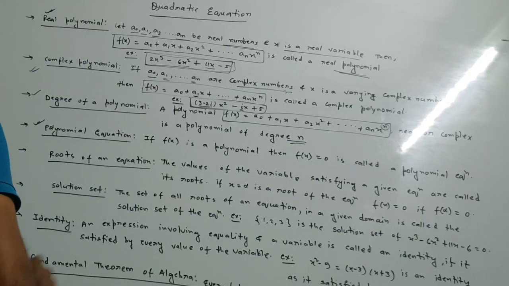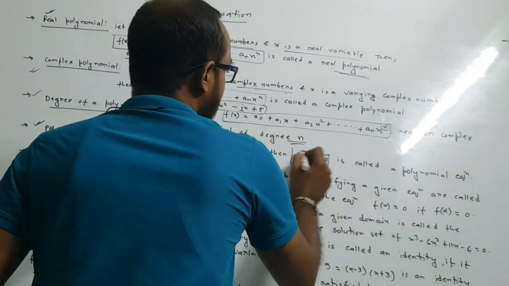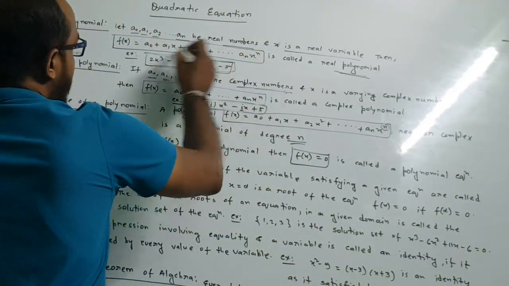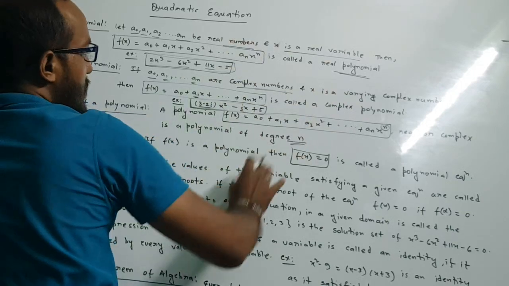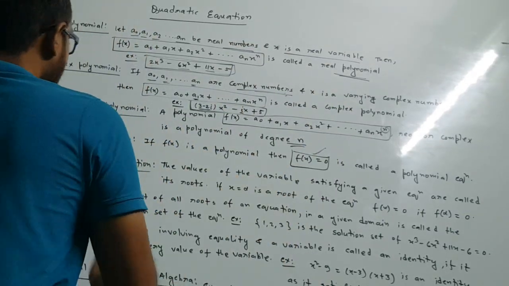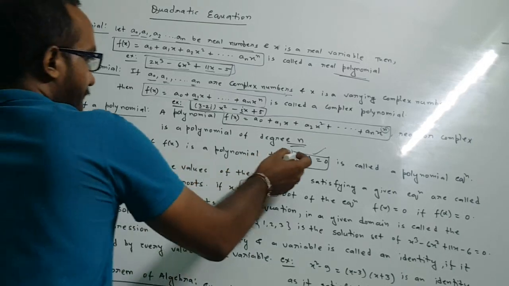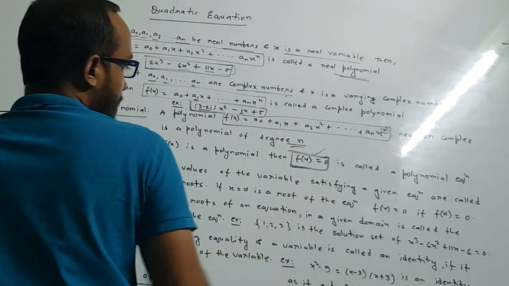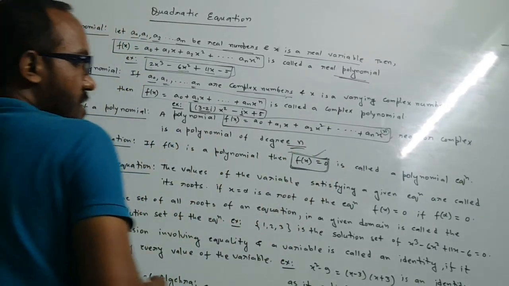A polynomial equation: if f(x) equals 0, if you make this polynomial equal to 0, then that would be known as a polynomial equation. Roots of an equation: the values of x which satisfy this polynomial equation are known as roots of the equation.